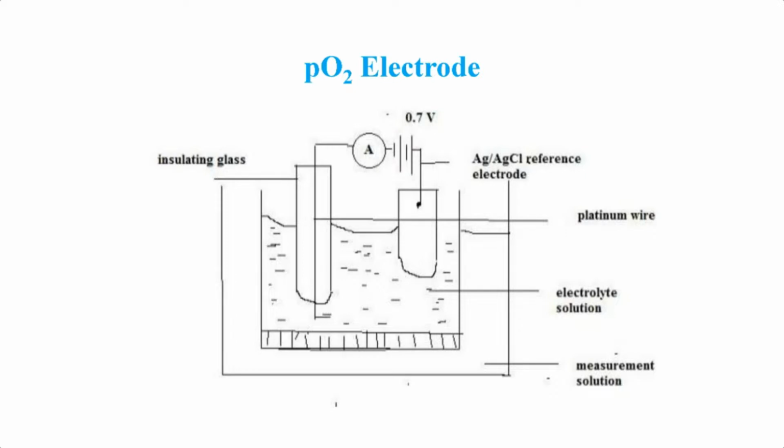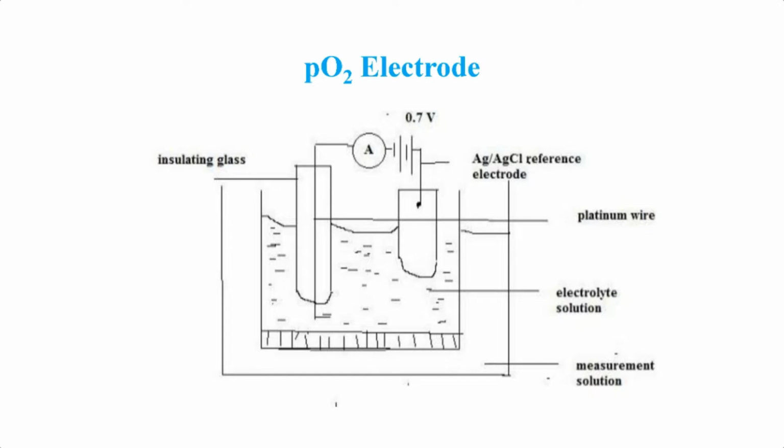The amount of oxygen reduced is directly proportional to the partial pressure of the oxygen. The oxygen could be diffused inside the electrolyte solution, and the electrolyte solution is covered by an electrode chamber, through which the oxygen gas could easily diffuse through the membrane.